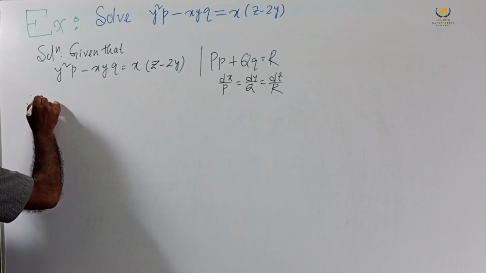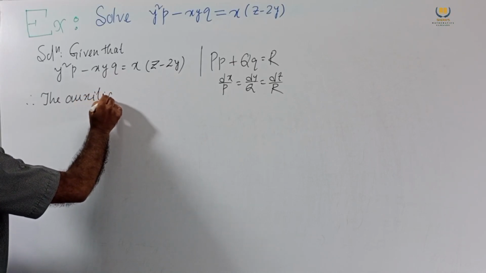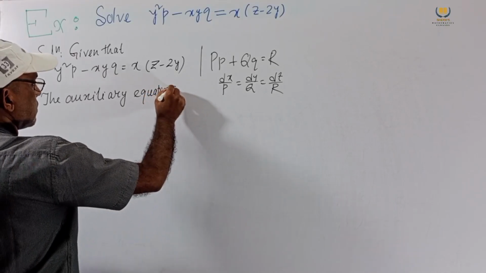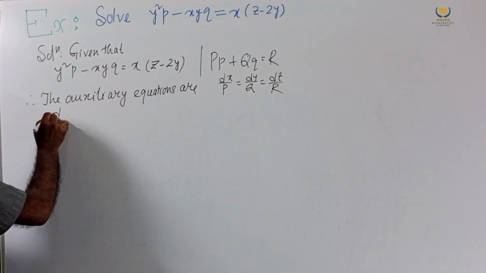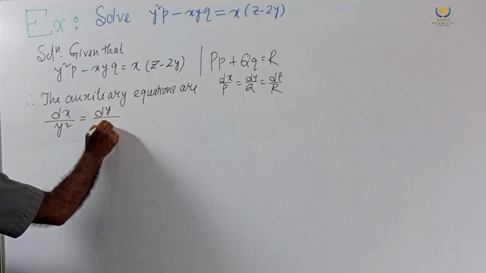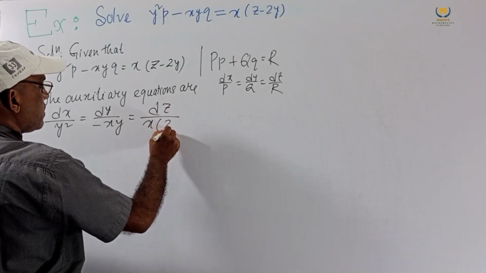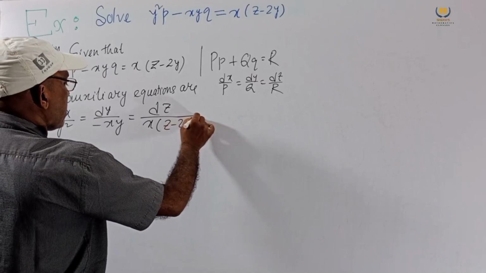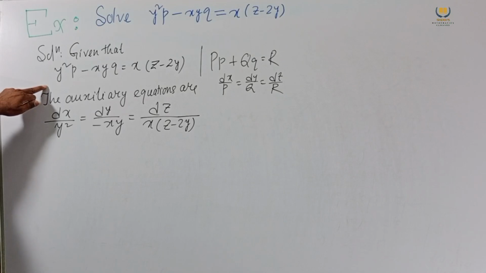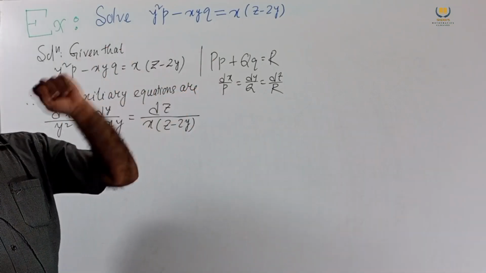So here the auxiliary equations are dx by y square, dy by minus xy, dz by x into z minus twice y. This is our main auxiliary equation. This is capital P, this one capital Q, this whole is R. By using this formula, we get this.